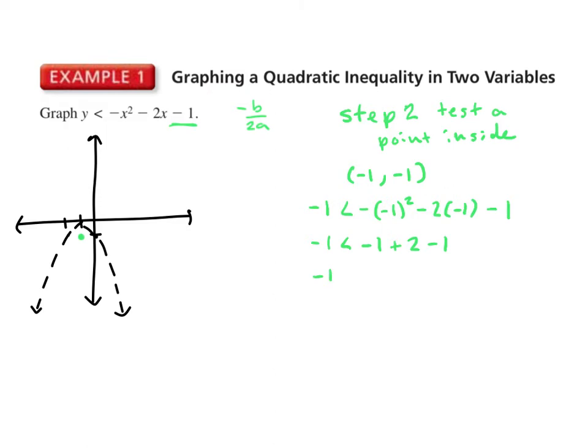So what do we get on the right side? -1 plus 2 minus 1 is 0. Is -1 less than 0? Yes, so this works. So our point inside works, and we are going to shade everything inside of our parabola. If it did not work, then we would shade everything outside the parabola.